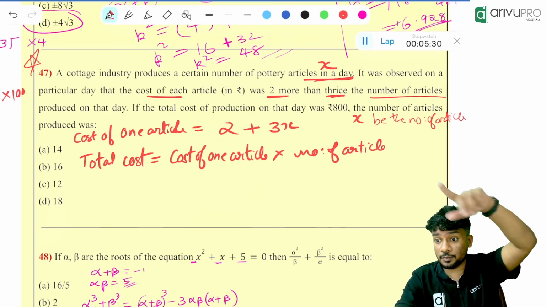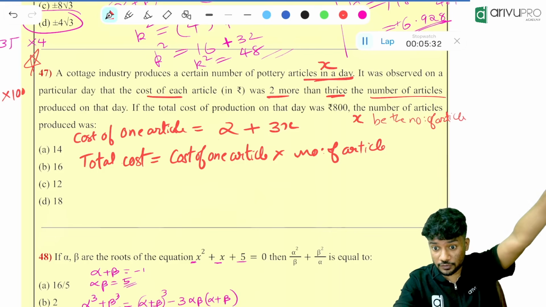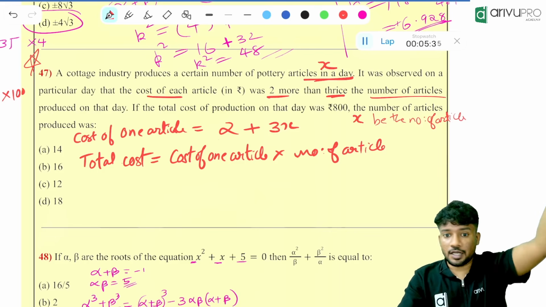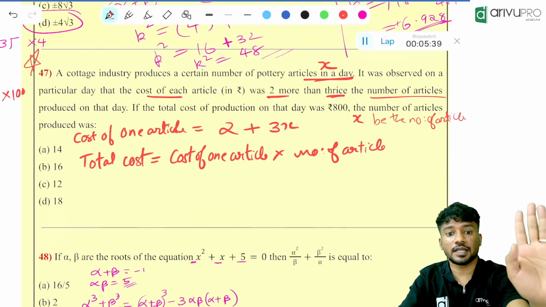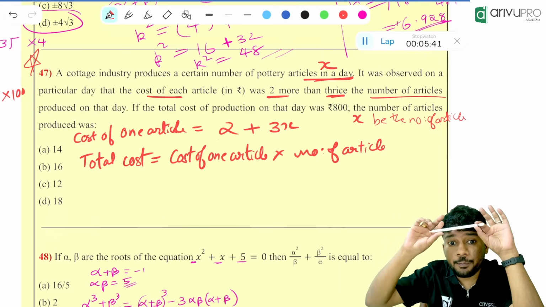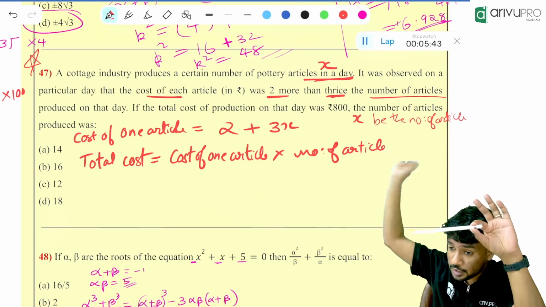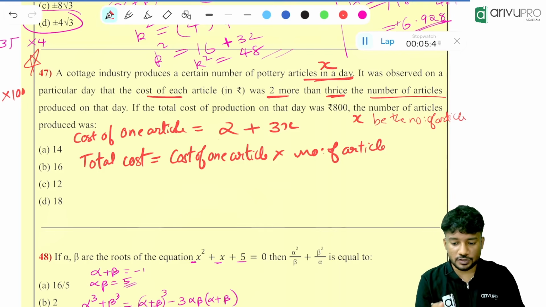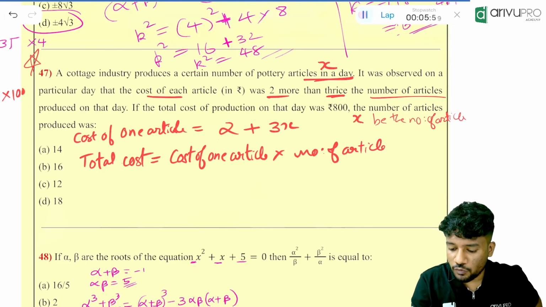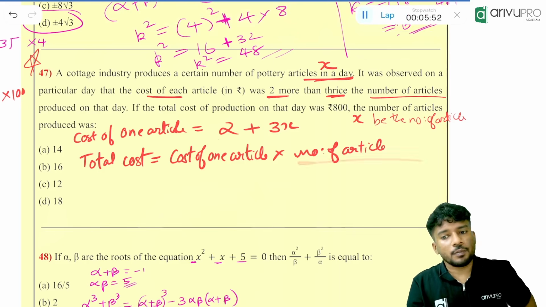Total cost of calculators is the cost of one calculator into number of calculators. Cost of one pen into total number of pens will give you the total cost. Similarly, total cost is equal to cost of one article into number of articles.